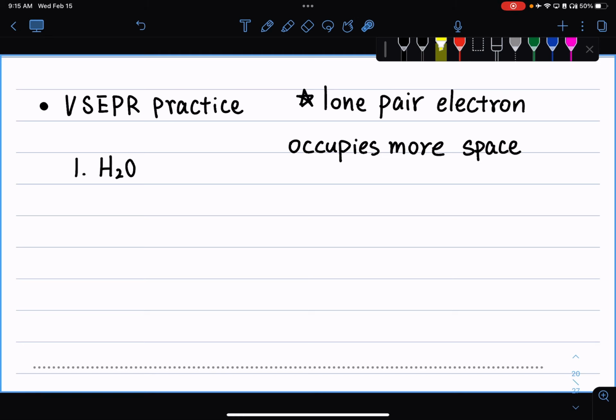First thing, water. If we draw the Lewis dot diagram of water, H2O, we have the oxygen in the center, and surrounding that oxygen, we have two lone pairs. You can double check and make sure we have the octet rule fulfilled for all the atoms in the Lewis dot diagram. Then we look at the center atom. Around that oxygen, we have two lone pairs and two atoms, which gives a steric number equal to 4.